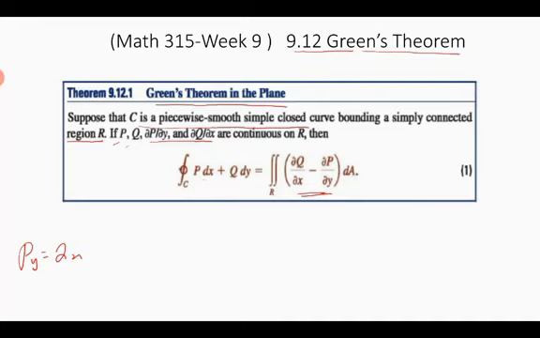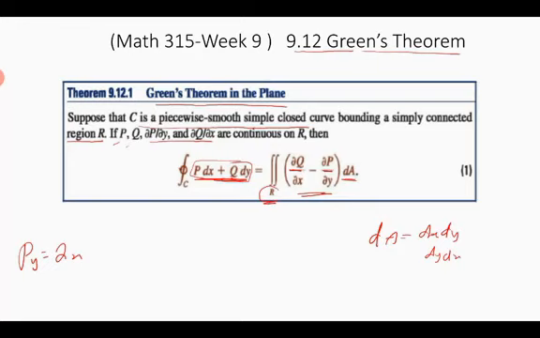So the integral of P dx plus Q dy, if F is Pi plus Qj and dr is dx i plus dy j, then this is F dot dr. This can be calculated by the partial derivative of Q with respect to x minus the partial derivative of P with respect to y, integrated over dA, and dA can be dx dy or dy dx depending upon our choice, whether the region is a type 1 region or type 2 region.